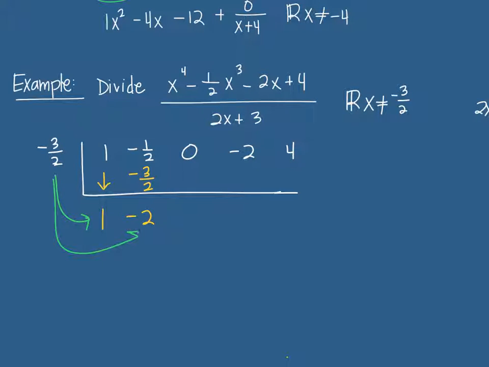You'll do the synthetic division process again, and you'll combine a negative 3/2 times a negative 2 is going to give me a positive 3. Drop that down. Multiply negative 3/2 times 3, that's negative 9/2.